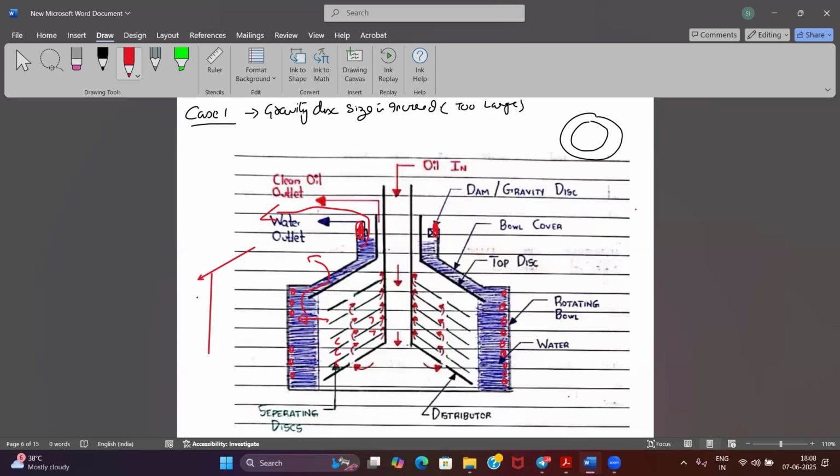Now if water is easily going out from the water outlet, because you have a bigger gravity disk, the interface will start shifting slowly. This interface will start shifting outward, and there will be a time when it will be outside your top disk. Agreed? Guys, tell me, is it understood?